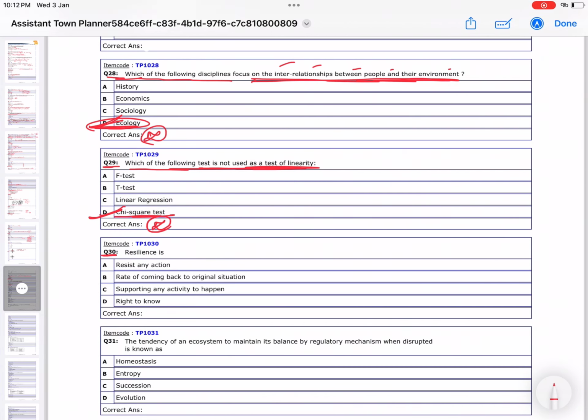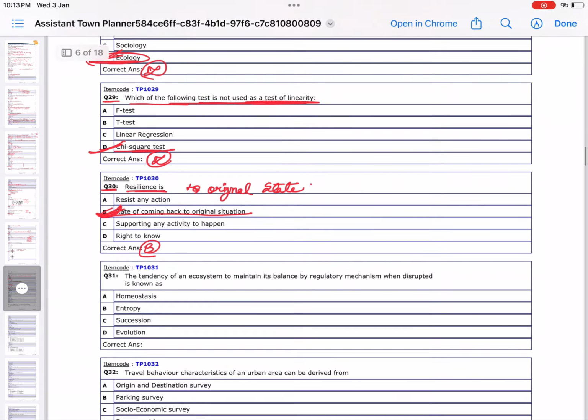Question number 30. Resilience is what? Resilience is coming back to the original state, the rate of coming back to original situations. It is the best match here, so the answer is B.